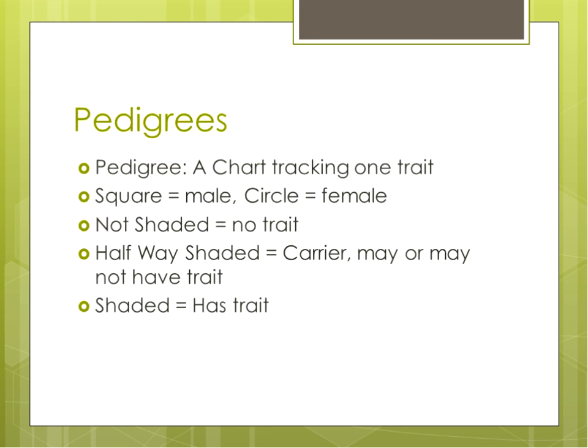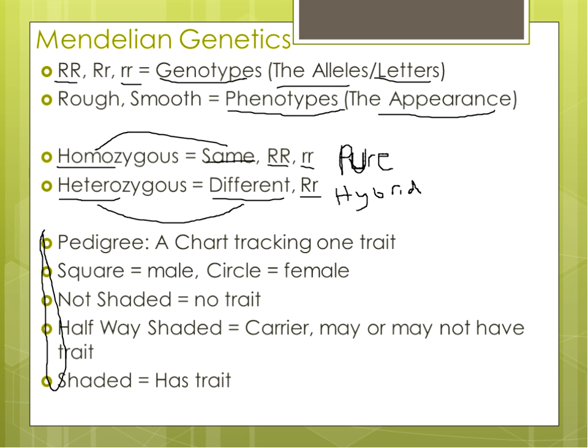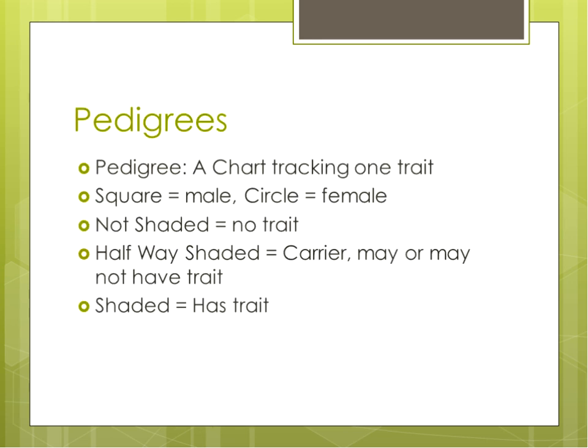Okay, so pedigrees. Remember how I skipped over this part? Because this is the same thing right here. Pedigrees are one other genetic chart to look at. It's not hard. If it's square, it's a male. If it's a circle, it's a female.